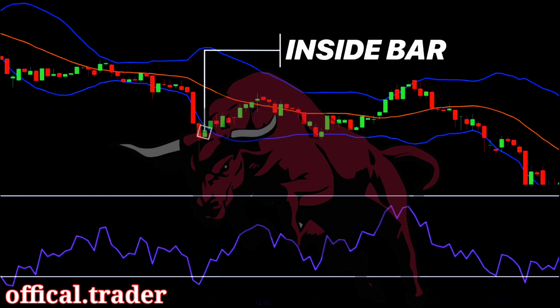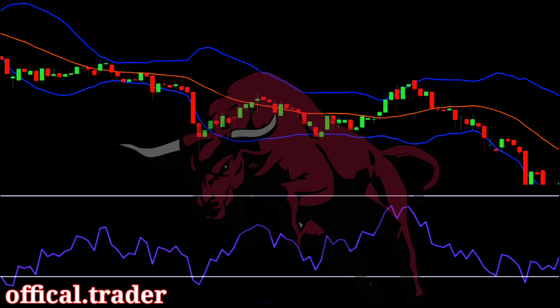Hence, it is an inside bar. So this is our trigger candle. We will place a buy order above the high of this candle. As you can see, the next candle triggers our entry. We will keep our stop loss below the lower band, and we will exit when the price touches the central Bollinger Band. As you can see, we made good profits on this trade.